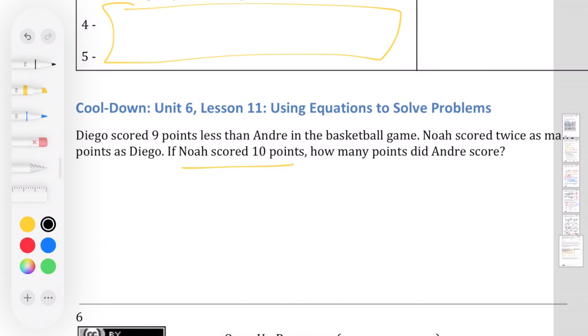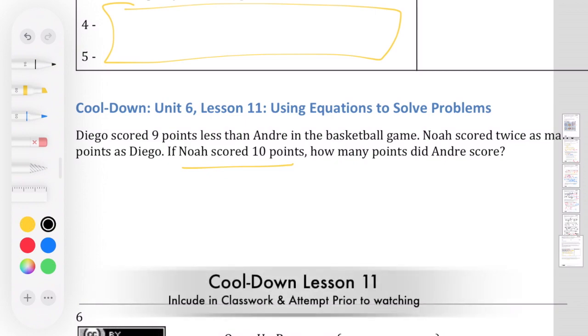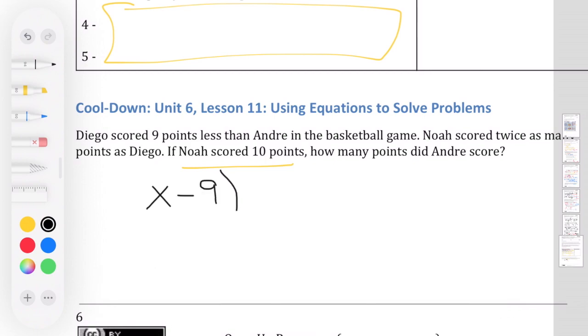Now that you've given yourself a chance, Diego scored 9 less points than Andre. Well, we're going to represent Andre with x, and we're going to subtract 9 from that. And then Noah scored twice as many points as Diego. Well, 2 times x minus 9, and we're going to set that equal to 10 because that's how many points Noah actually did score. We need to either distribute or divide first.